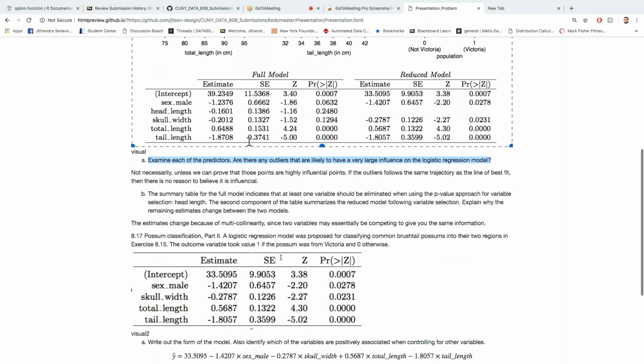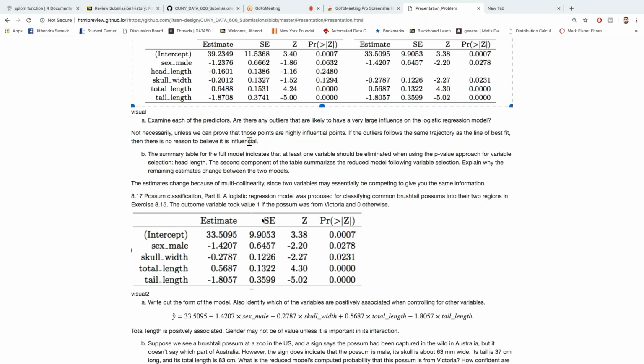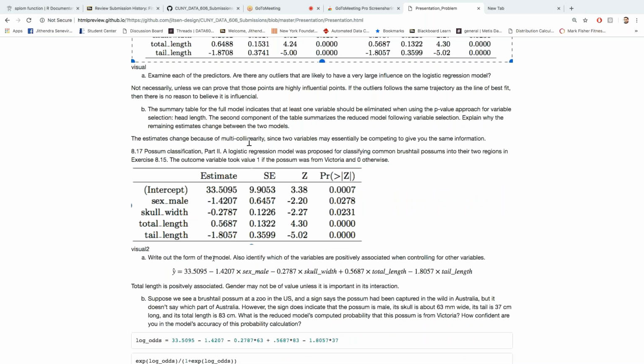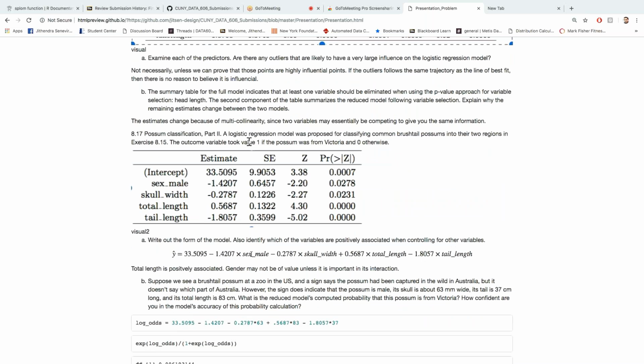And then part 2, or rather, question 8.17, looks at this model again and asks us to write out the equation for the model, and this is the equation. Where sex male is basically a binary, it's a Boolean, it's a true or false.